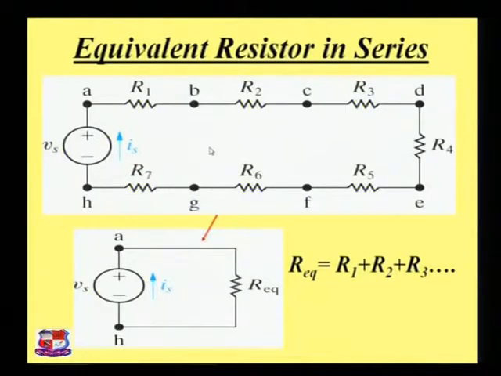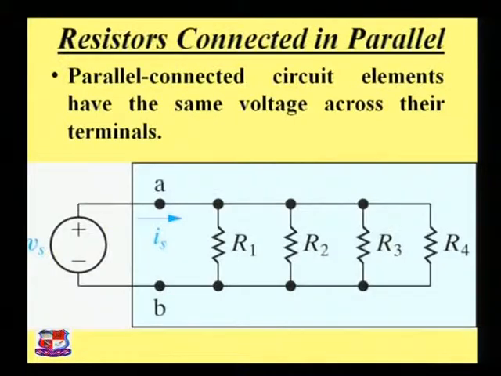Now the equivalent circuit of that one is, we can replace all the resistors with the equivalent resistor put over here. So ultimately the value of R equals R1 plus R2 plus R3 up to the resistance R7. So this is the important equation if we connect resistors in series form.